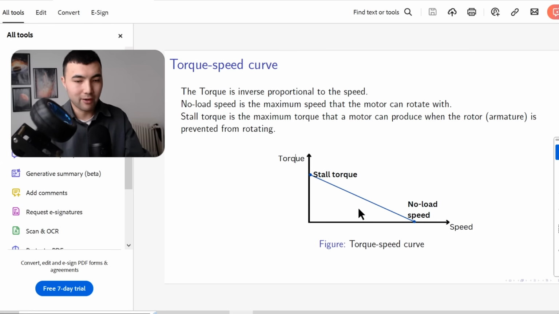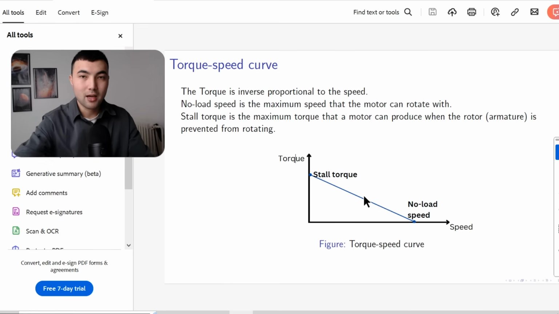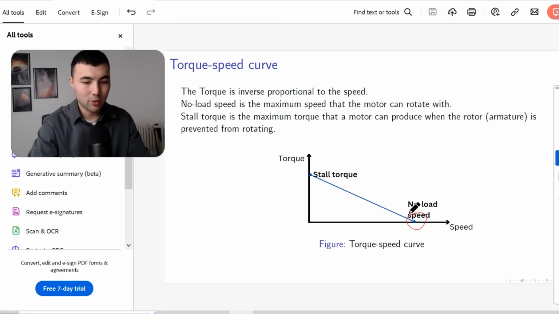Can you find this case as a point on this curve? Hope you can find that point. This case is this region. We have no resisting torque, that's why we get the maximum speed, around the no load speed.